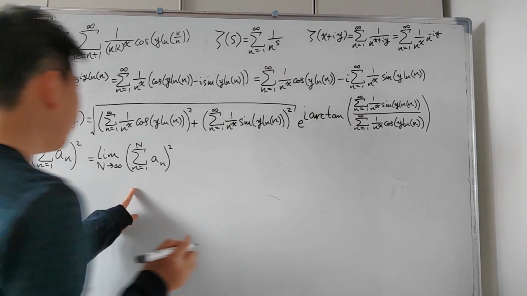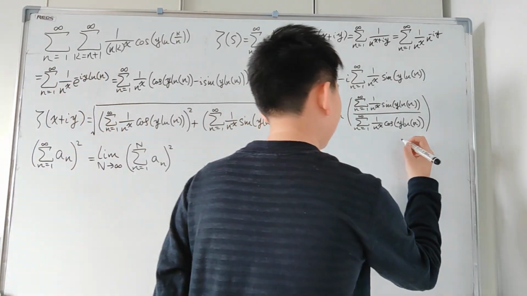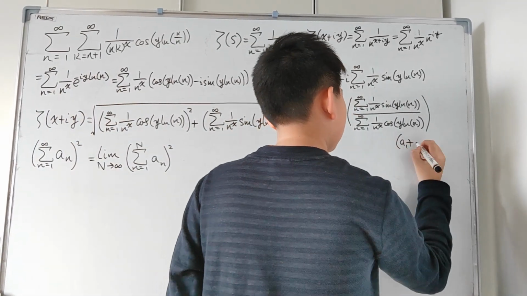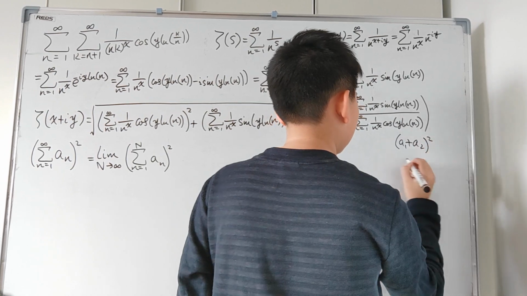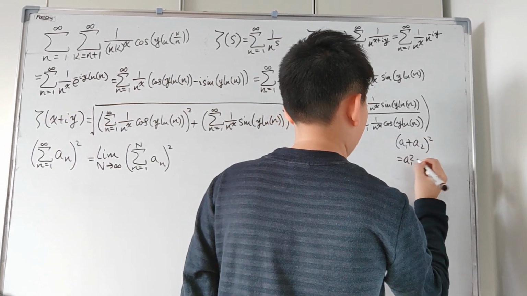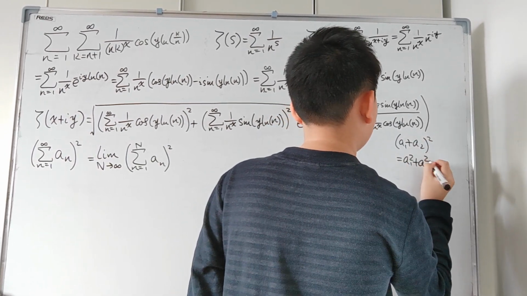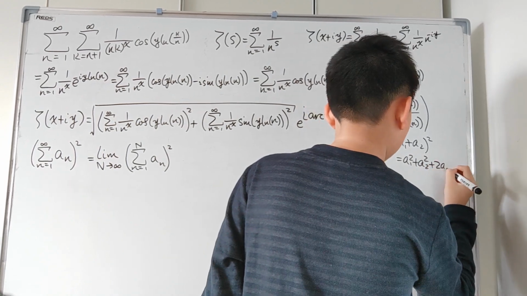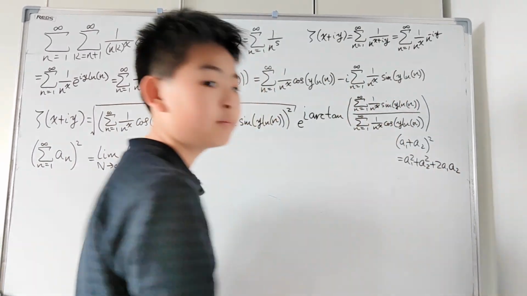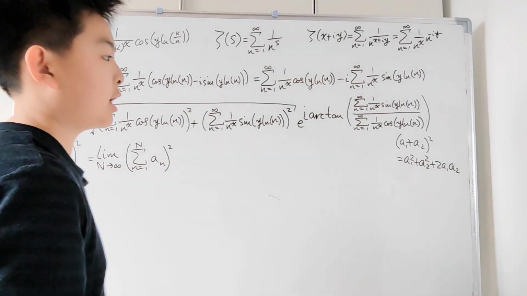When n equals 2, it is (a1 + a2) squared, which is a1 squared plus a2 squared plus 2 a1 a2. So that's not much to talk about right there.